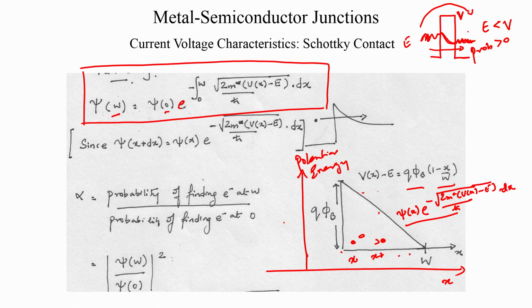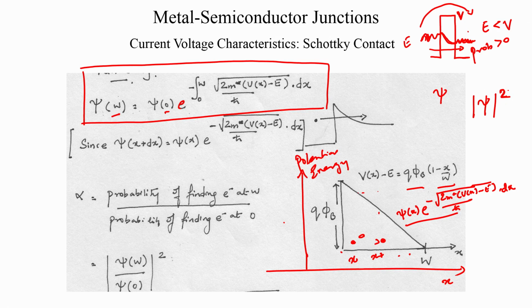So, what is the probability of finding the electron on the other side? We know that if the wave function is given to us, the probability is simply psi square, the square of the magnitude of the wave function.